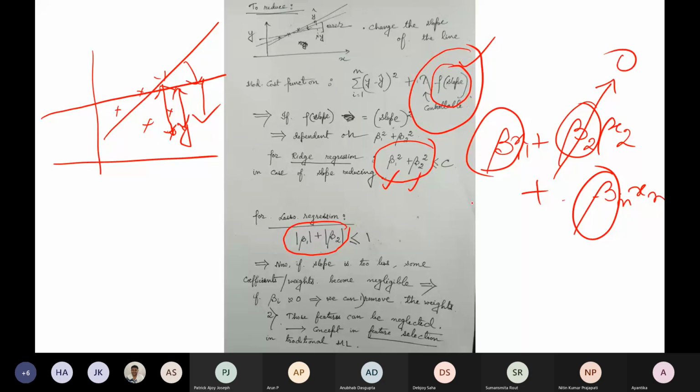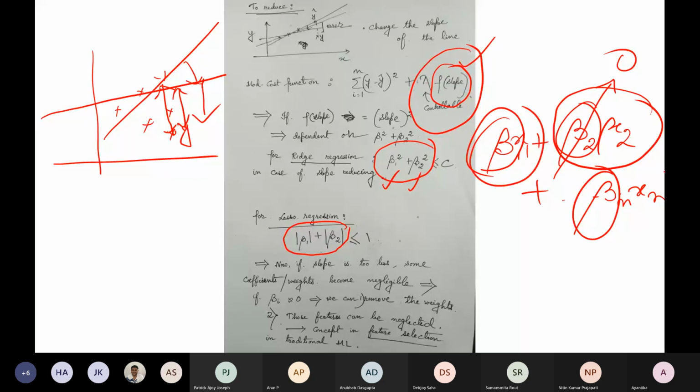If they are turning to zero, you are basically removing the effect of this feature x2. That means you are removing the consideration of this feature and you are considering the other features, maybe beta 1 x1, beta n xn.